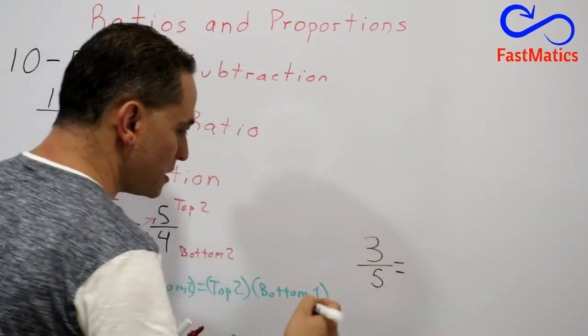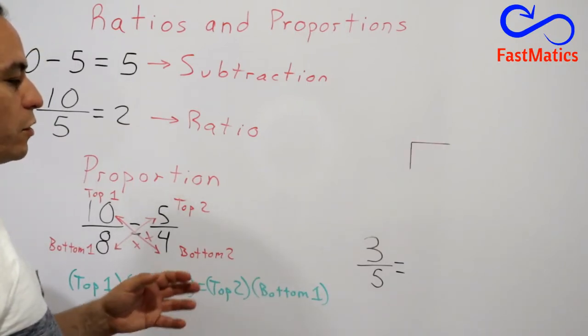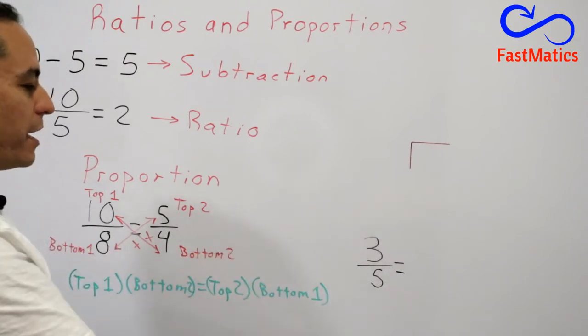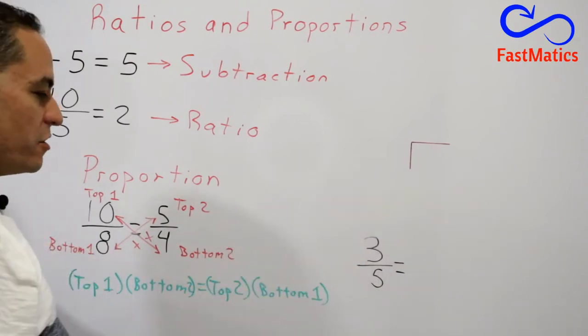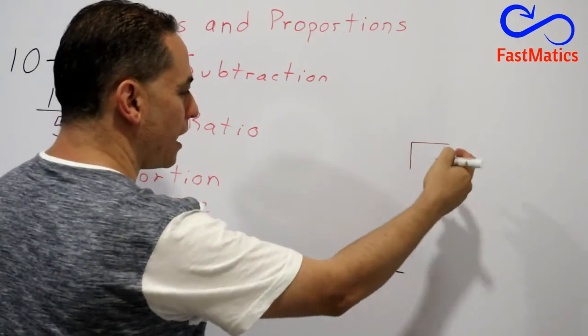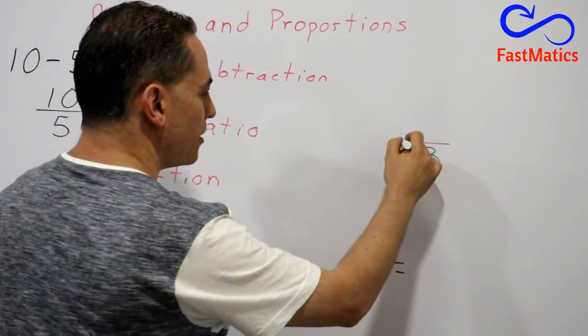Then we must divide 3 by 5. Then remember that you always divide the number in the numerator by the number in the denominator. Inside our house, we are going to write the 3, and outside the 5.